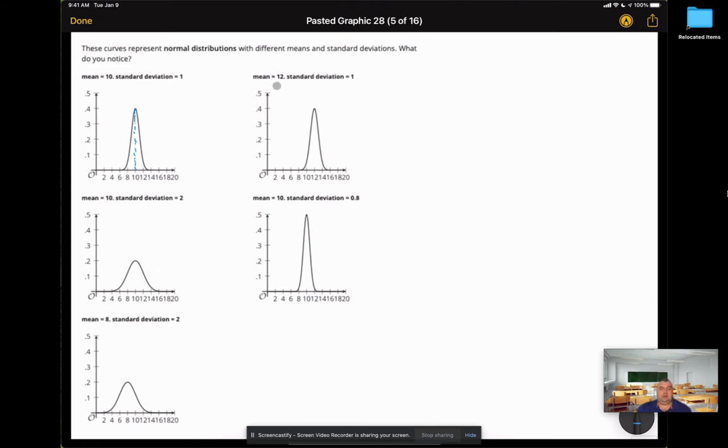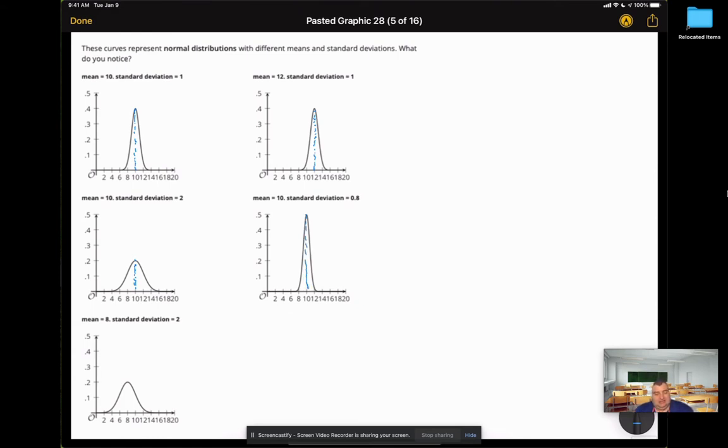The one next to it has a mean of 12, and when I take a look at that high point, notice that is also at the mean. In fact, in every single one of these, the high point and middle of the bell is at the mean.